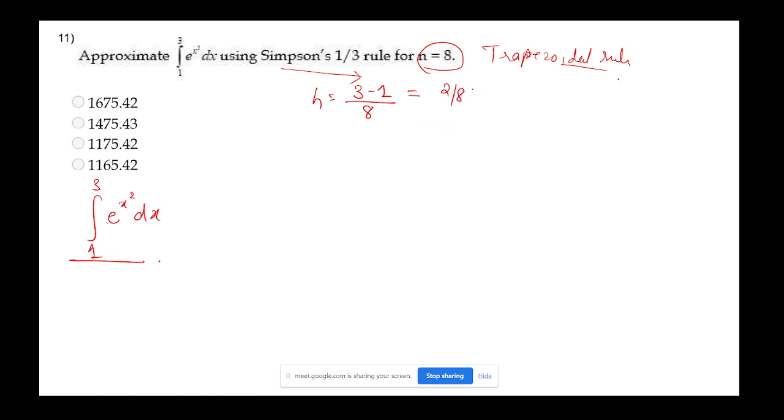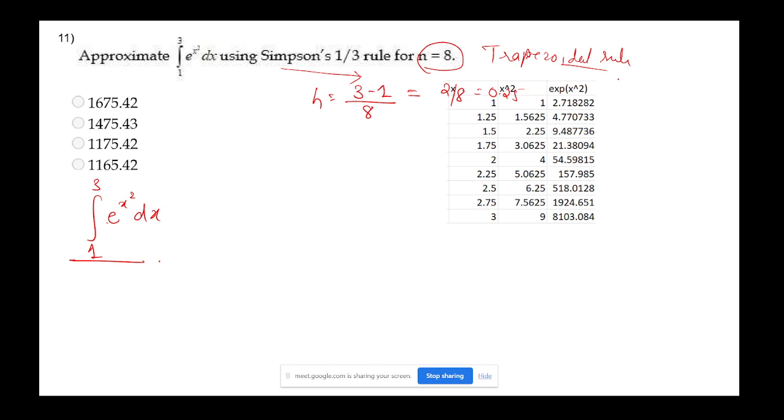Now for this value of h, I have prepared x values, x square, and exponential of x square. So to find out the integration, what you will do is h by 2, we will apply trapezoidal rule here.